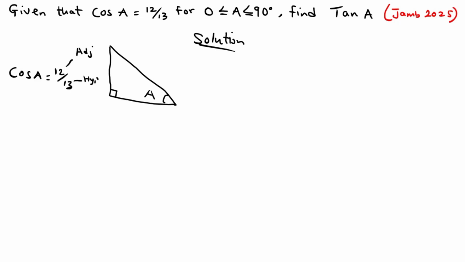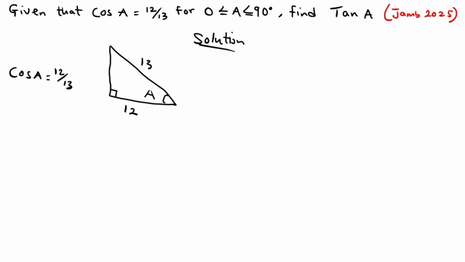Okay, so don't forget that, it is very important. Now that will help us. So it means for this triangle that we drew, our adjacent will be 12 and the hypotenuse will be equal to 13. Understood?